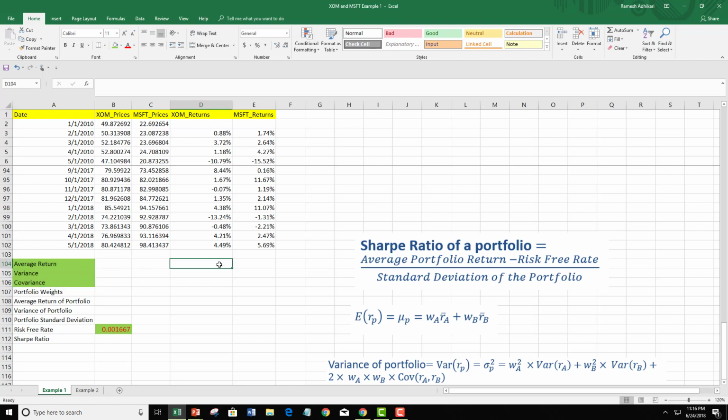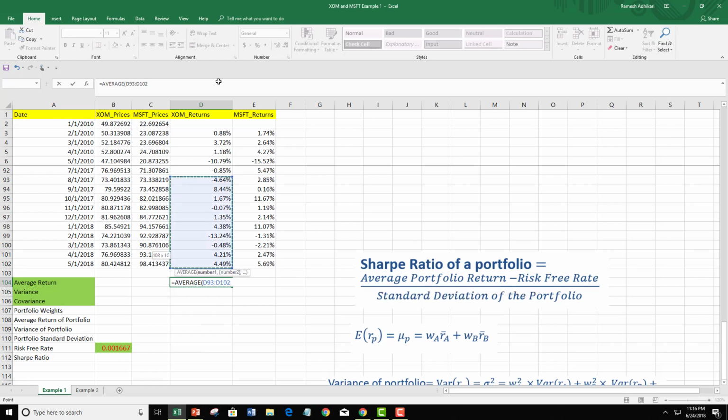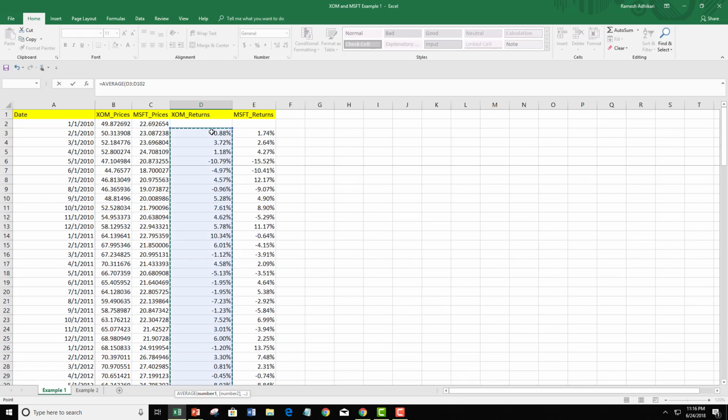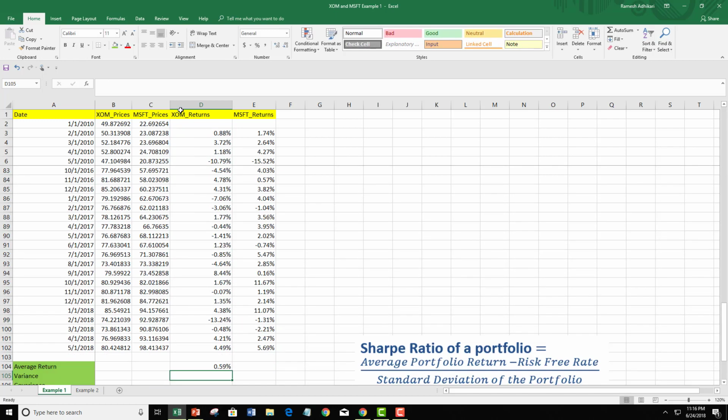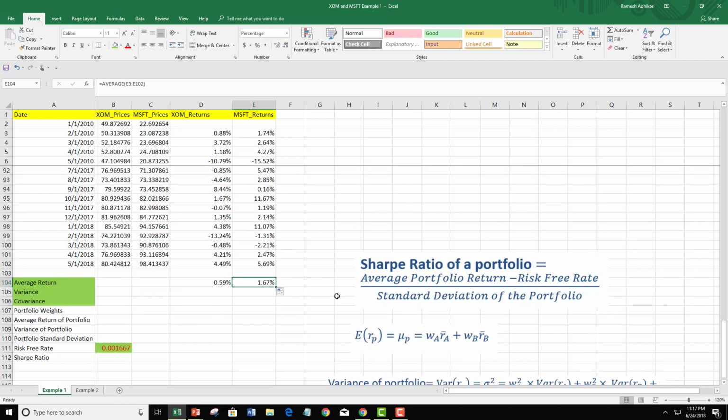Let's compute the average return for XOM. I'm going to use Excel's AVERAGE function. So here is AVERAGE, right? And you can select the entire return series for ExxonMobil, which is 0.59%. You can drag now to the right and it gives the average return for Microsoft.